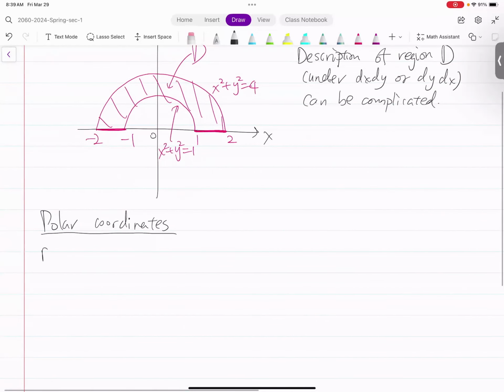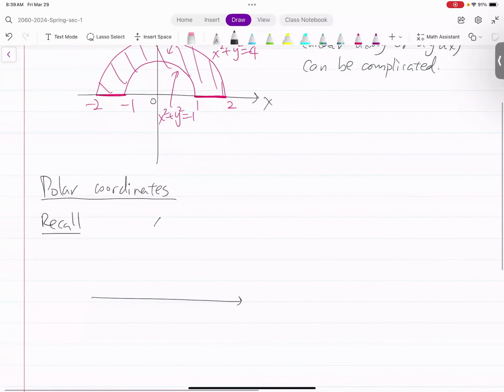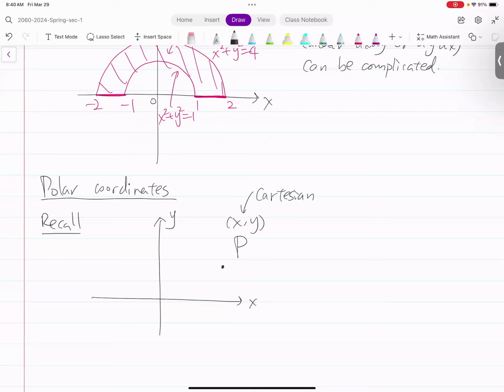So in the two-dimensional xy plane, suppose you want to describe a point P. If you do xy coordinates, that's just saying my horizontal coordinate is x, and my vertical coordinate is y.